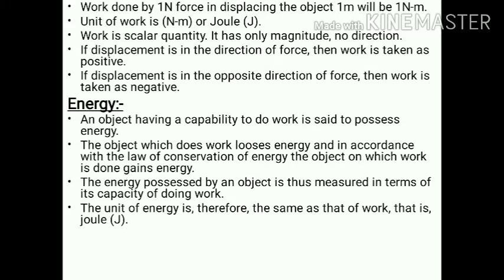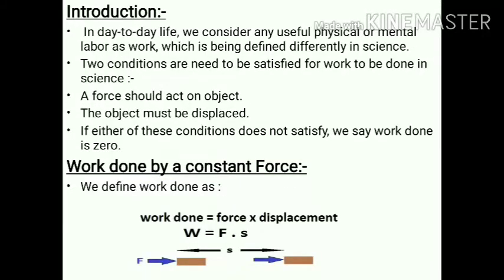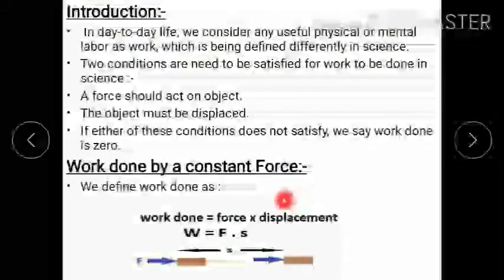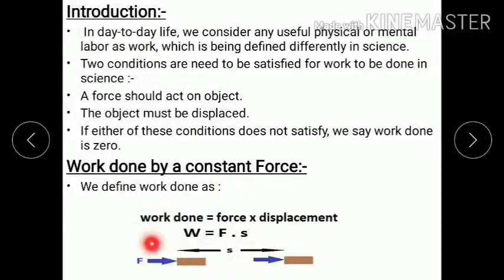If you push the object to the right and the displacement occurs in the left direction, the work is negative. If displacement is in the opposite direction of the force, then work is taken as negative. So you have to know the formula: work is equal to force into displacement, Fs. The unit of work is Newton into meter, or joule.